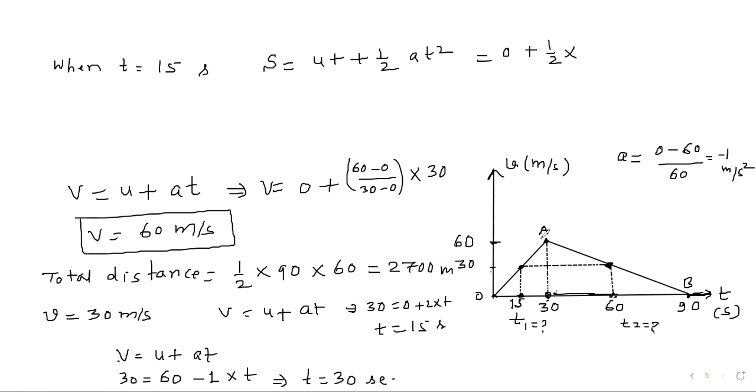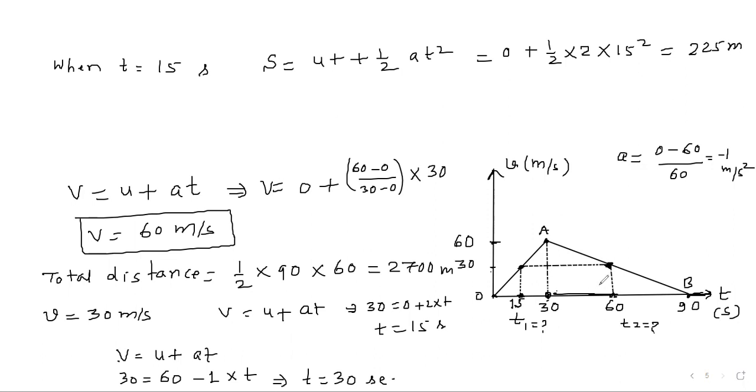Acceleration during this period is equal to 2 meters per second square. So 2 into time is 15 square. So this will come out to be 225 meter.